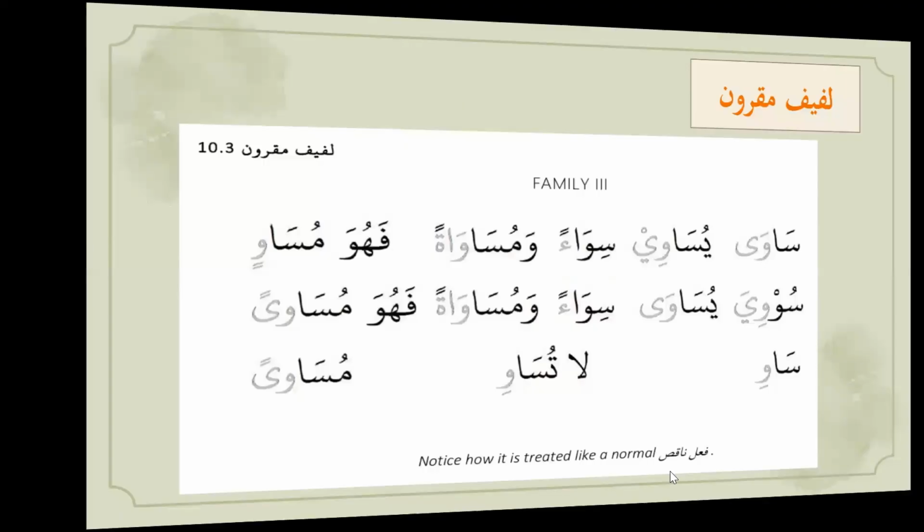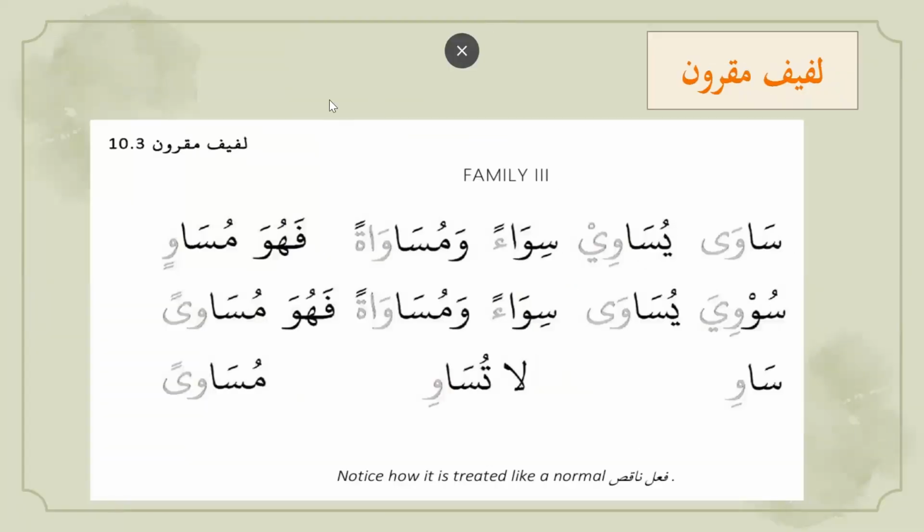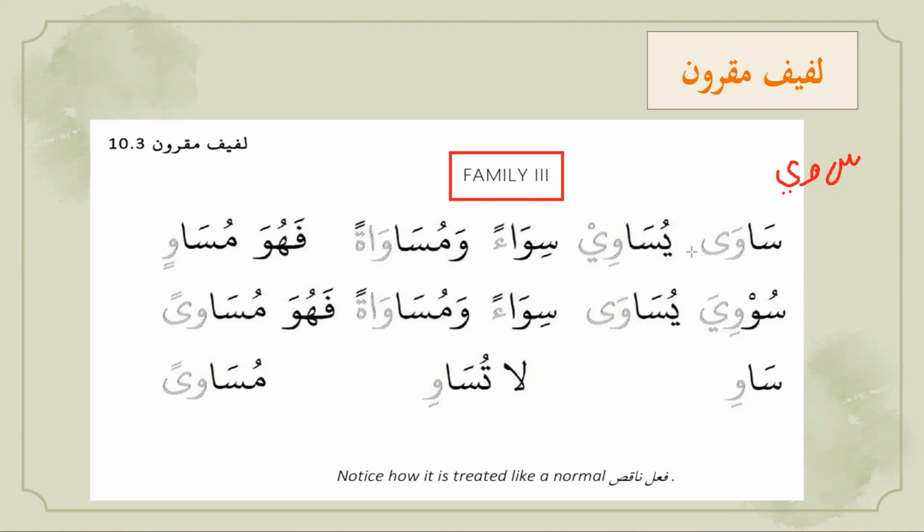Moving on to the next example, which is from Lafif Maqroon. And over here, the root letters are seen, waw, and ya. And in this example, the whole Sarf Saghir is from family 3. Family 3, so Bab Mufa'ala. Sawa, yusawi.